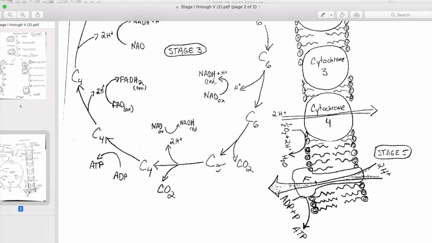Those numbers that are on the car are best case conditions, and the number of 36 ATPs made per glucose is best case scenario. If the cell is doing other things, like it's synthesizing stuff, or the cell is a little bit leaky, has a little bit of problem with its membrane, it won't get a total of 36 ATPs. But lots more ATPs out of this last stage, stage 5, than in any of the stages before this.